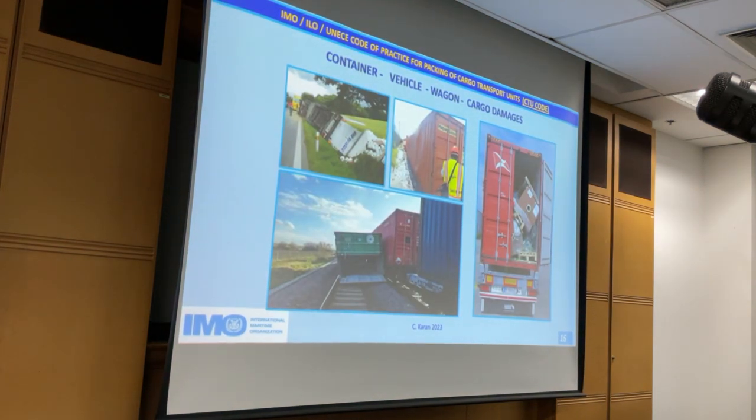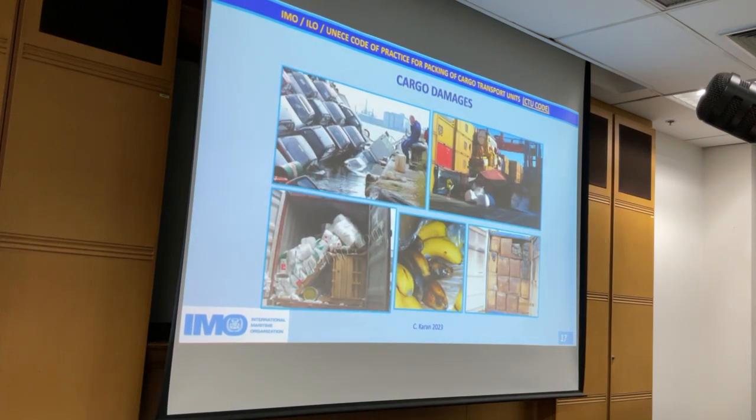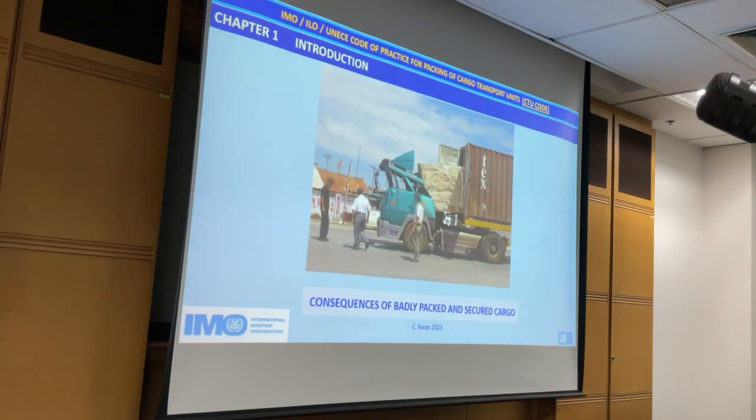We see some pictures here about container, vehicle, wagon, cargo damages. Any type of cargo it could be. No securing, no lashing. Also on the opposite side, to the driver's cabin, you see the stone block.